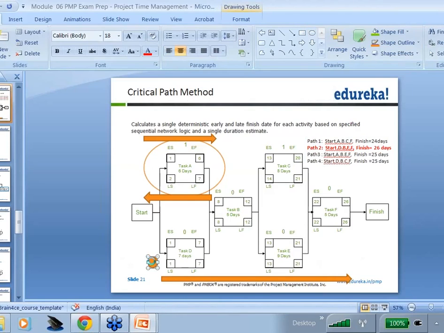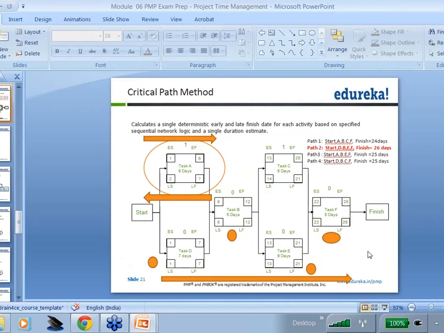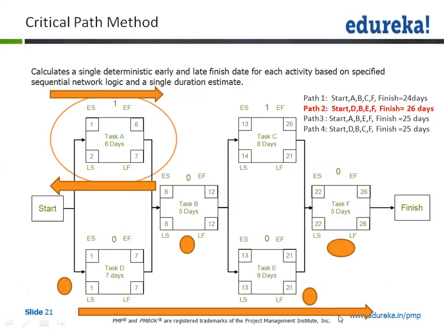Correct? We have completed task B. Correct? We have completed task E, and the fourth which we have completed is the task F. So the tasks where I am putting these 4 dots are the tasks where we have completed the forward pass.